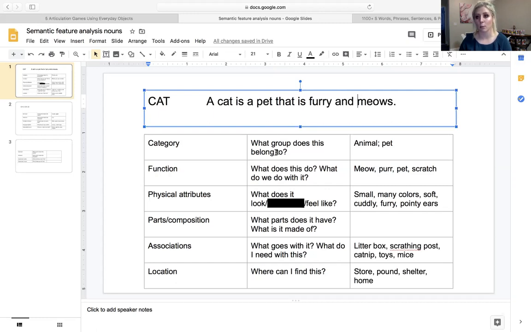Usually kiddos with language disorders have a really hard time coming up with this definition. And being able to just describe and define what something is, is a very, very important skill for school. So we want them to be able to do that, right? But usually kids with language disorders will typically give me one of three responses. They will look at me like a deer in the headlights if I ask them, okay, tell me what a cat is.